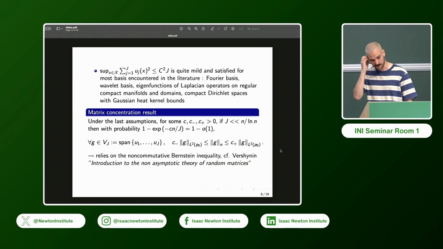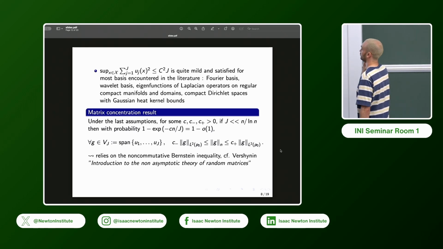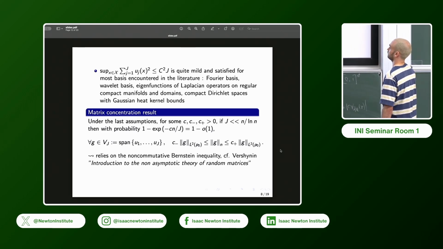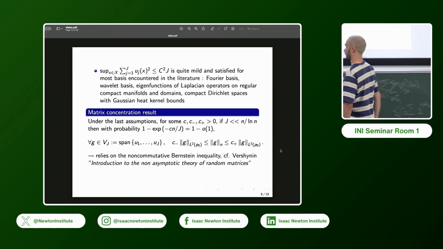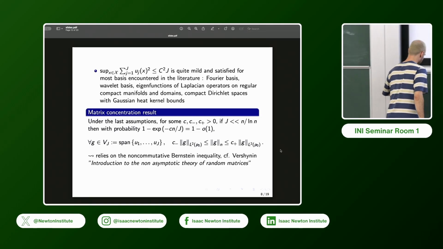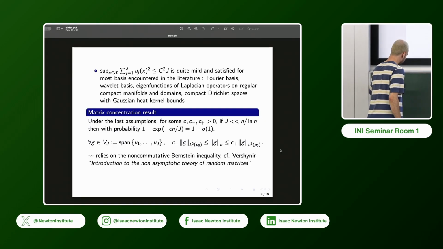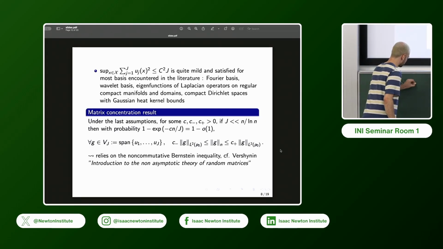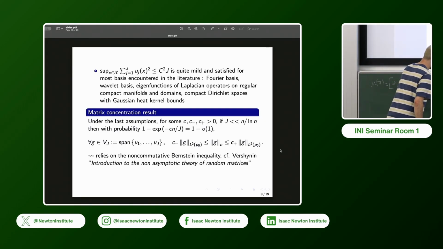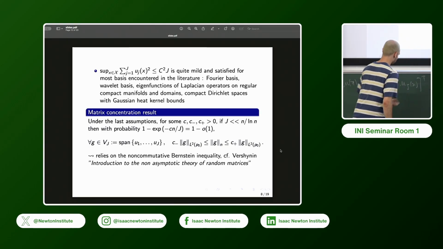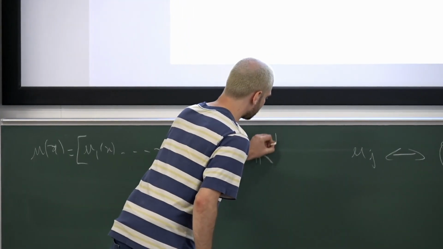And what's happening is that once you have this kind of bound, you can interpret it as a bound on a vector. You define the vector u(x), which is u_1(x) up to u_J(x), in R^J.